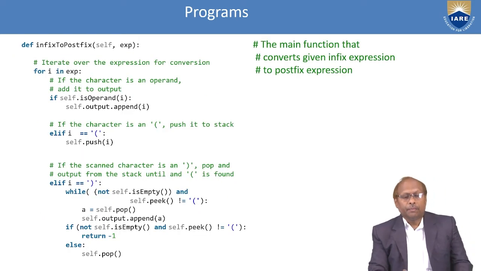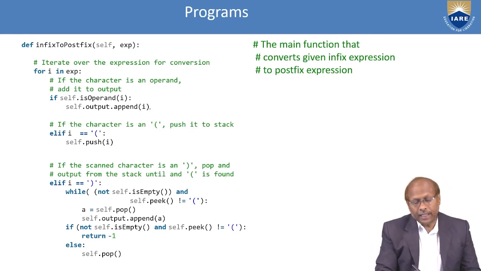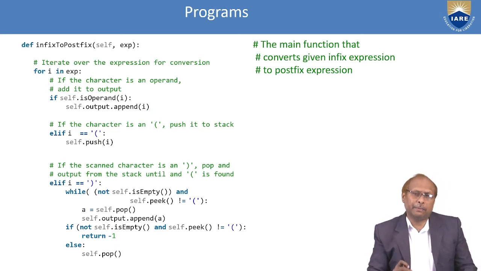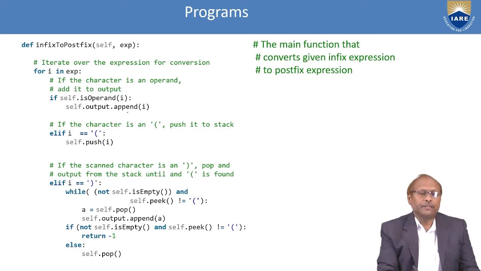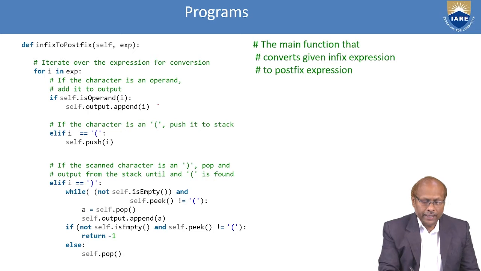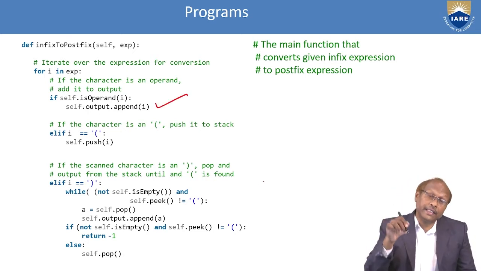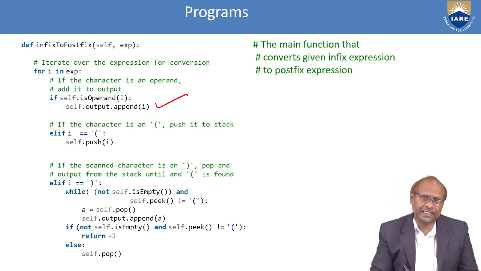Now, the main method is infix to postfix. While converting from infix to postfix, you have to take every symbol or character of the input infix expression and check whether it is an operand or not. If it is an operand, put it directly into the output. Only when an operator comes do you have to check whether the priority is more or less.